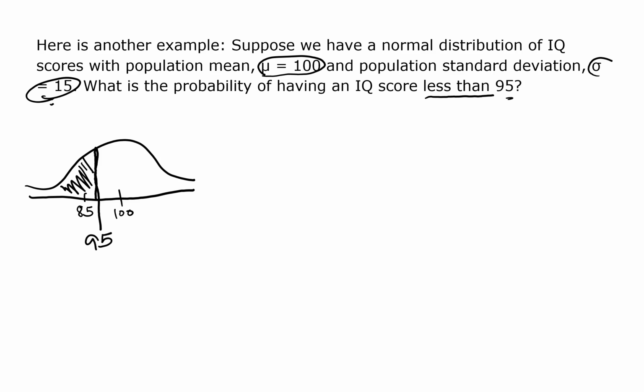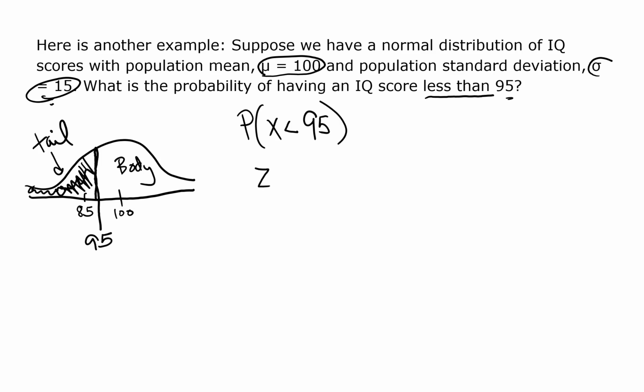So again, we're looking for the tail, and this is the body. So we're looking for the probability of X less than 95. Again, we're going to standardize. We transform this X into a Z-score. So Z is 95 minus 100 over 15.